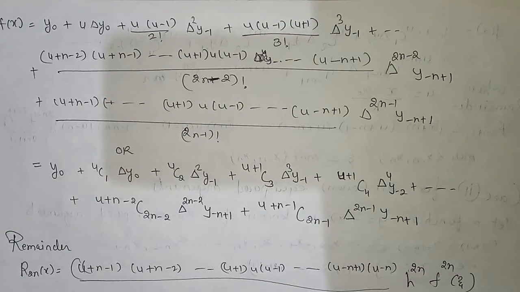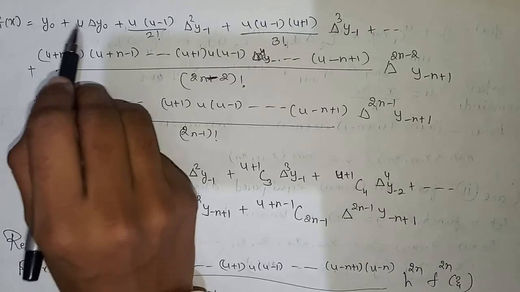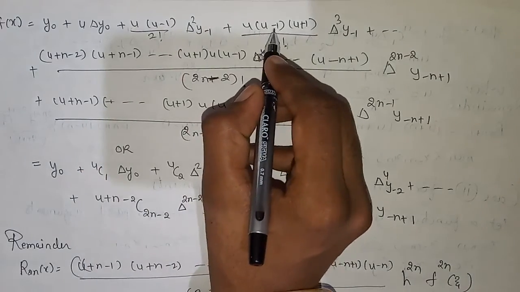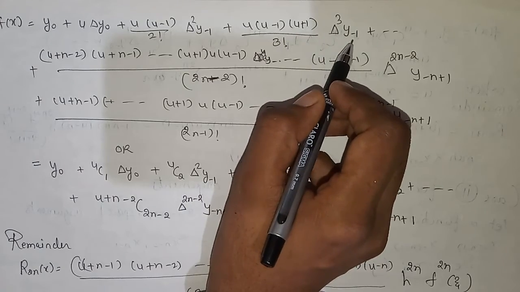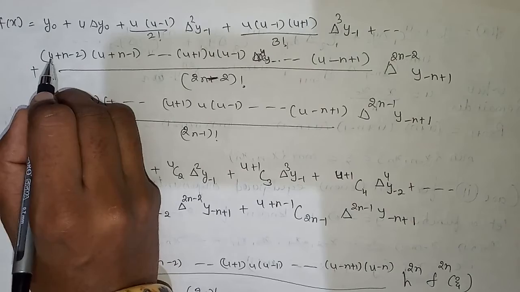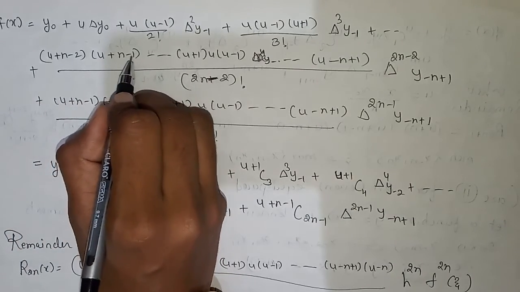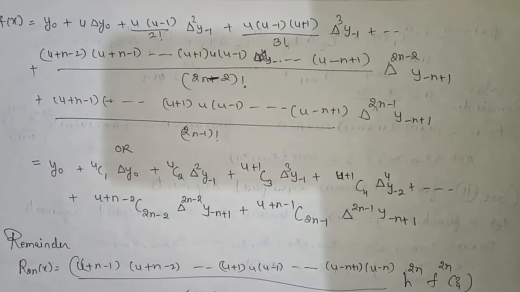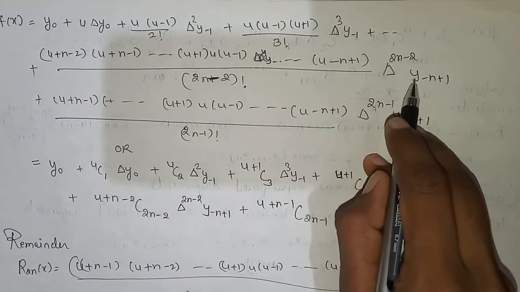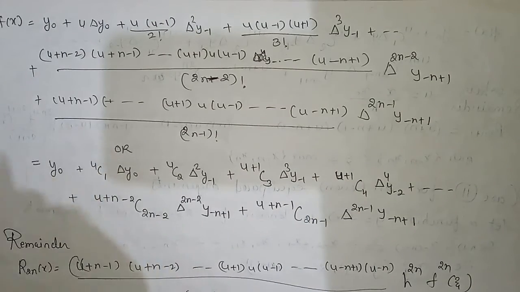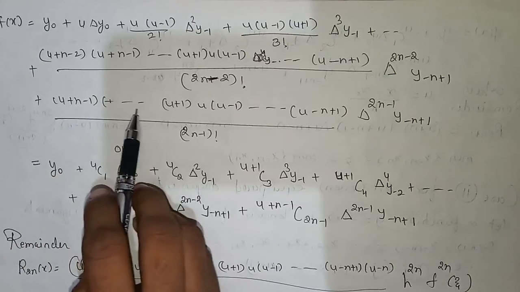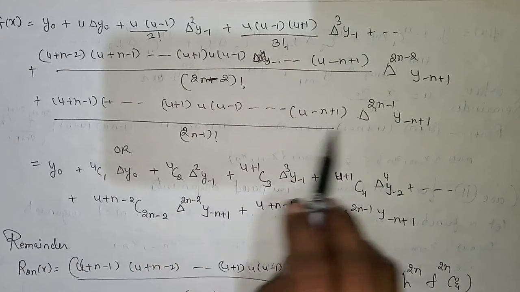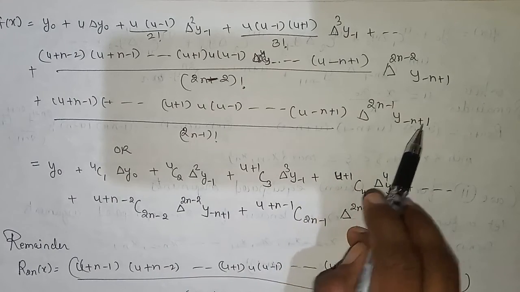Now f of x for even values is given by f of x is equal to y naught plus u into delta y naught, plus u into u minus 1 upon 2 factorial delta square y minus 1, plus u into u minus 1 into u plus 1 upon 3 factorial delta cube y minus 1, up to the last two values: u plus n minus 2 into u plus n minus 1, u plus 1 into u minus 1 into u minus n plus 1 upon 2n minus 2 factorial delta raised to 2n minus 2 y minus n plus 1, and then the last value is u plus n minus 1 into u plus 1 into u minus 1 up to u minus n plus 1 upon 2n minus 1 factorial delta raised to 2n minus 1 y minus n plus 1.